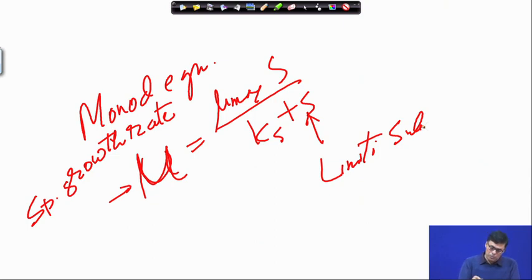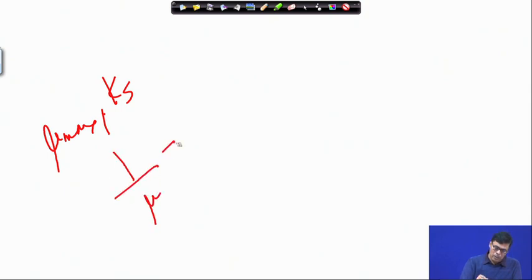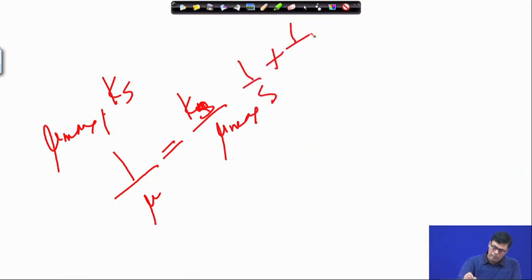So, to find out the values of mu max and Ks, what we shall have to do is write the line over Lineweaver-Burk plot using the Monod equation, and this will be 1 by mu equals Ks by mu max times 1 by S plus 1 by mu max.